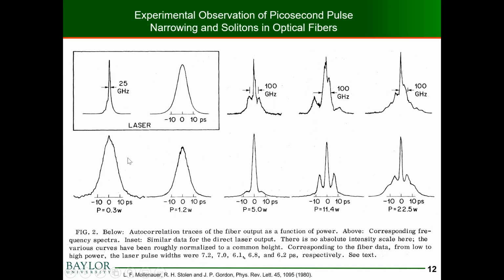When the power is very small, because it's really hard to look at the pulse shape in the optical fiber, we want to look at the end of the propagation.